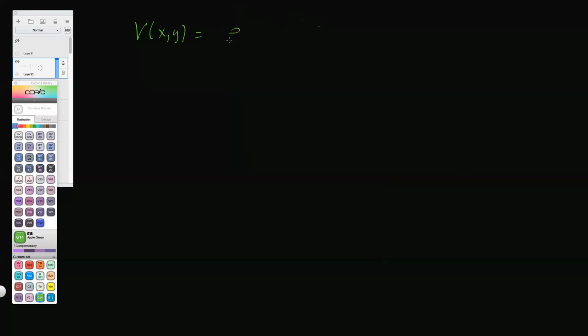So we had this with e to the minus kx sine of n pi y over a, but we said that k was n pi over a. So we can put that in for this k, and there was a c here: e to the minus n pi x over a, sine of n pi y over a.